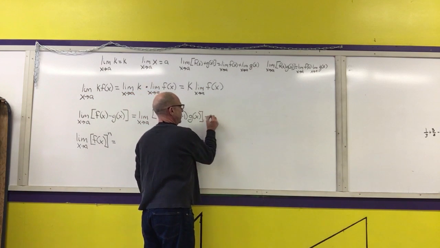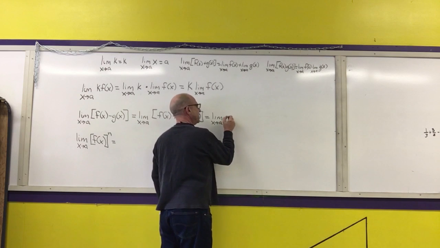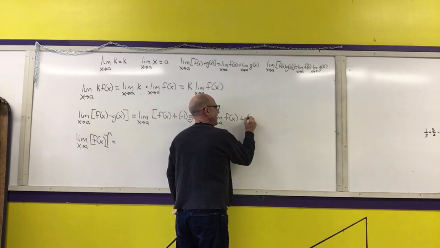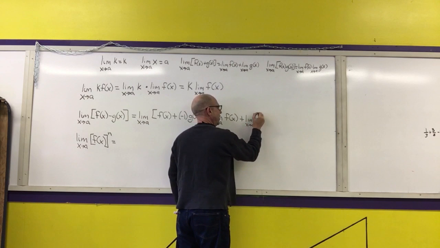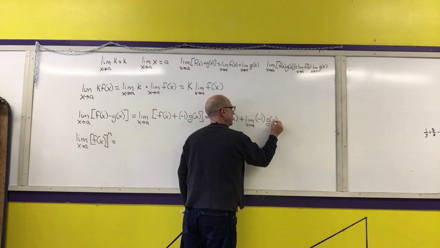Well, this is going to be the limit as x approaches a of f of x plus the limit as x approaches a of -1 times g of x.